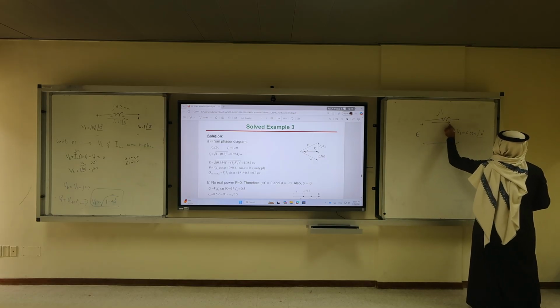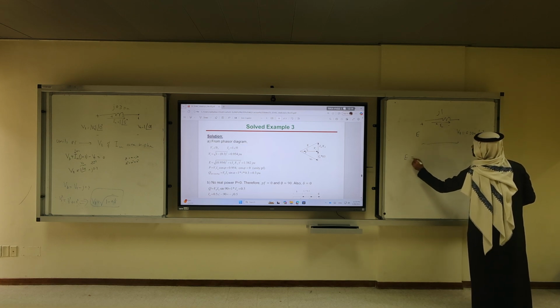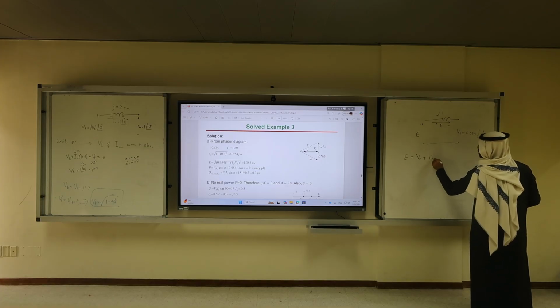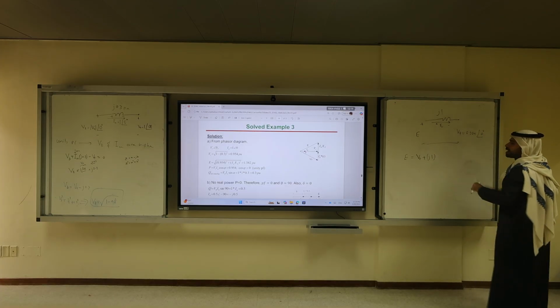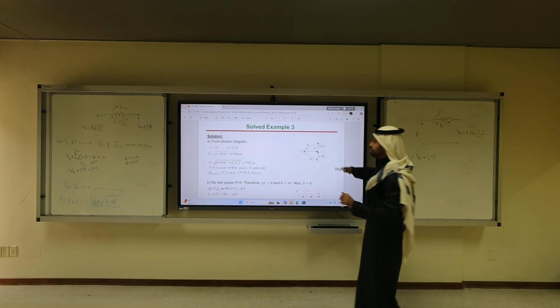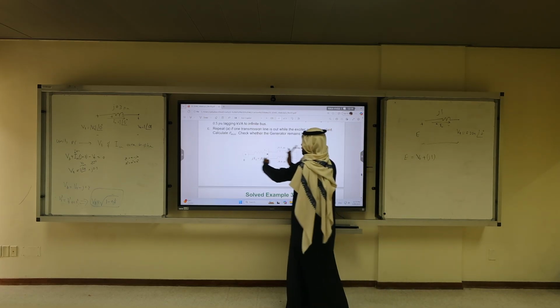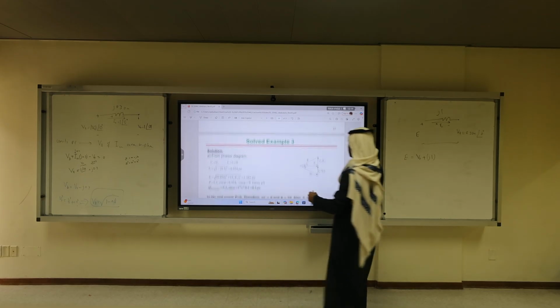This is a generator, right? So E equals VT plus j1 times IA. Why is it j1? Because this is j1. So we draw a circuit here, then another circuit there.